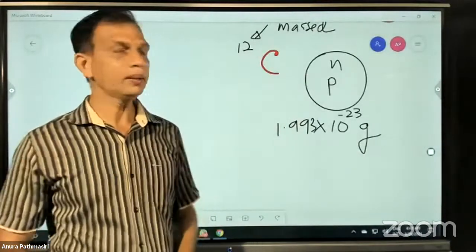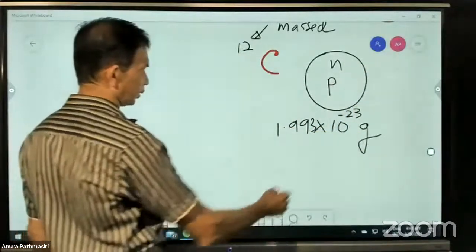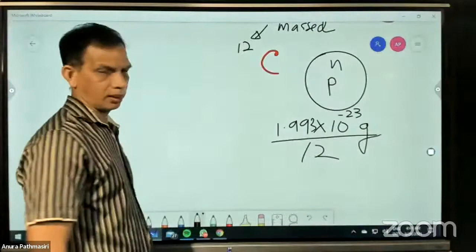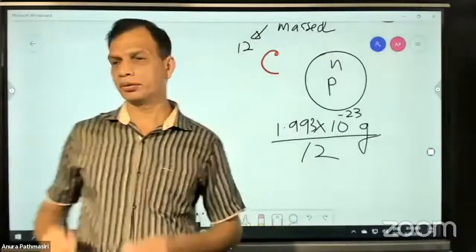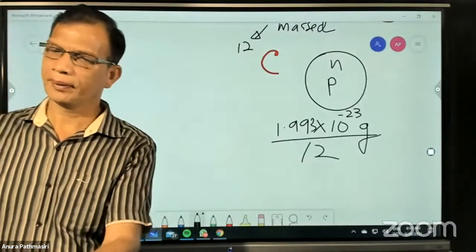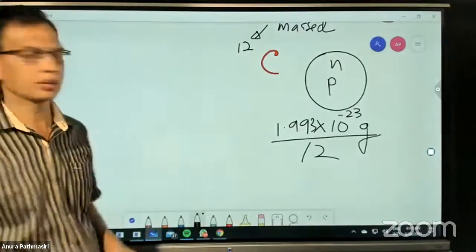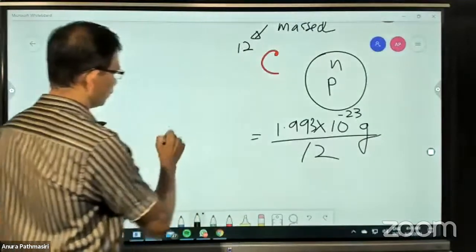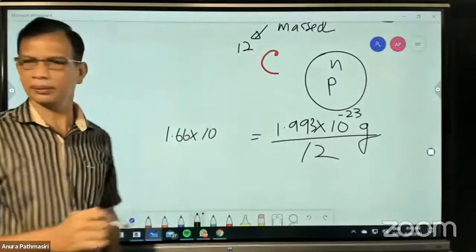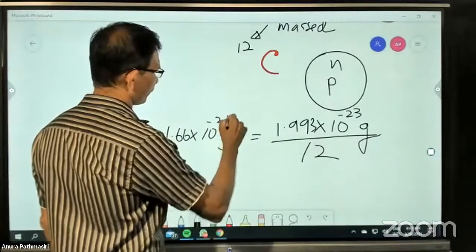from there, he went on to introduce the atomic mass unit. So you divide this by 12. If you divide this by 12, what is the answer? 1.66 times 10 to the power negative 24 grams.